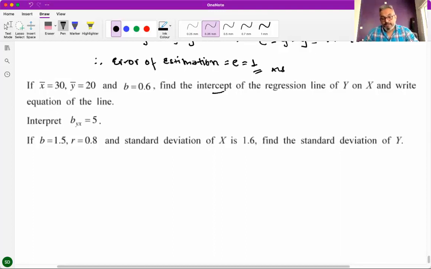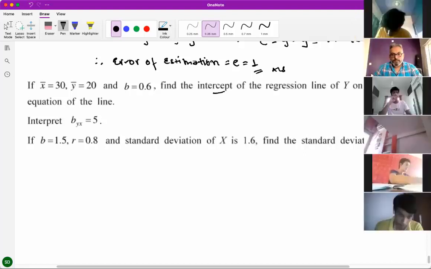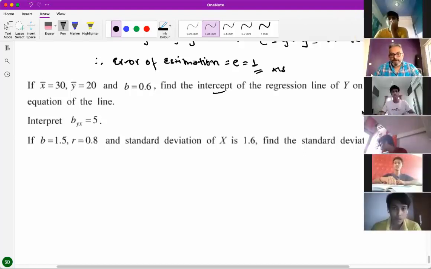Can anyone tell me what is the intercept of the regression line? What is B known as?